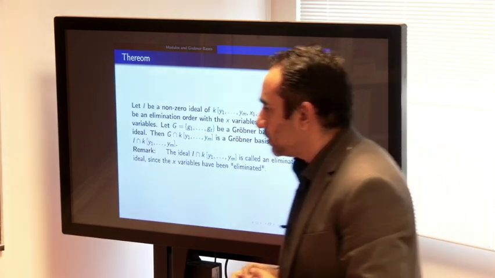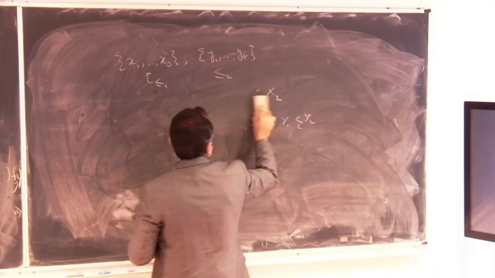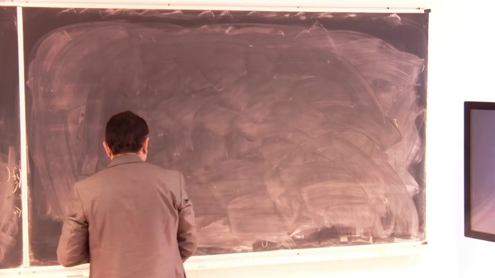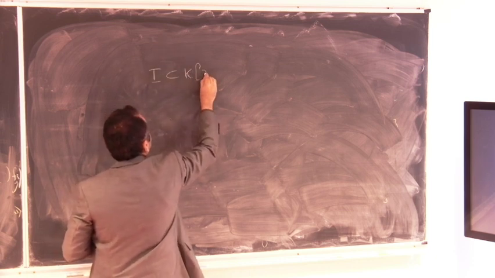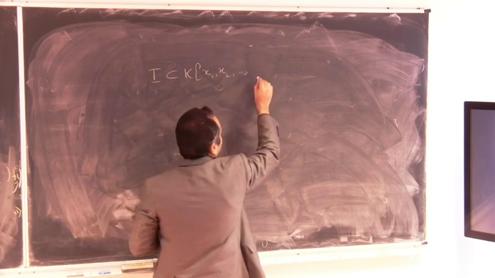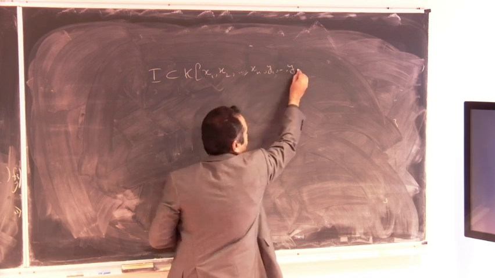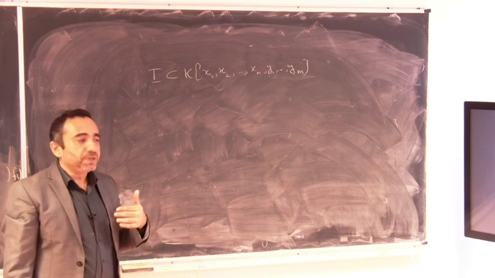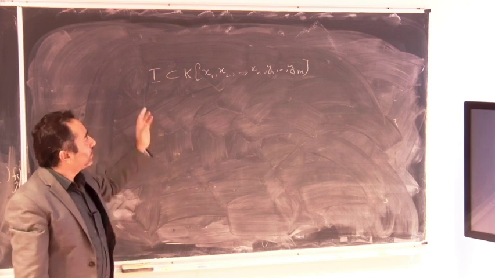So what does it mean? It means that you have an ideal I which is in both variables x1, x2, up to xn and y1 up to ym, and you want to eliminate x from this ideal.